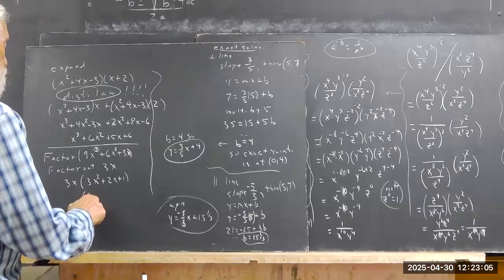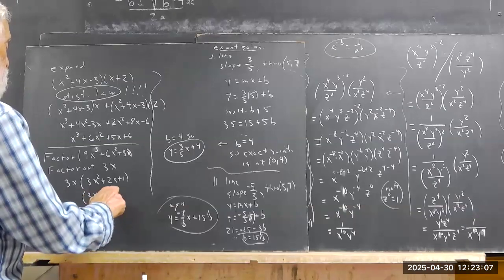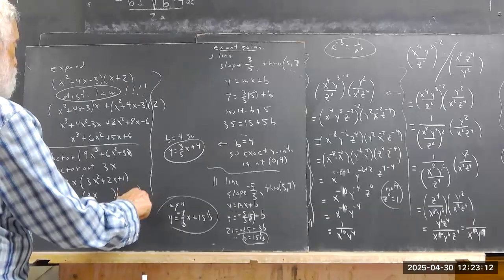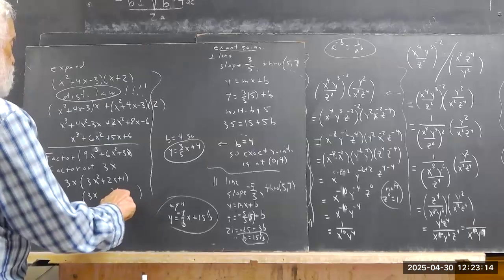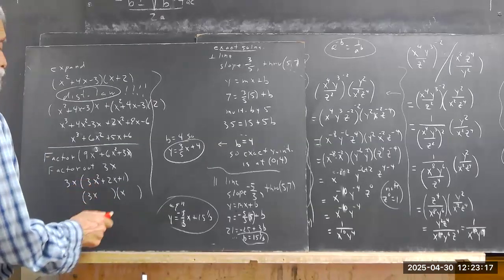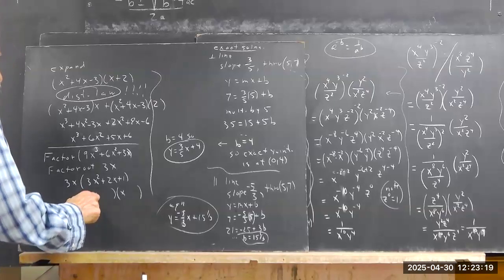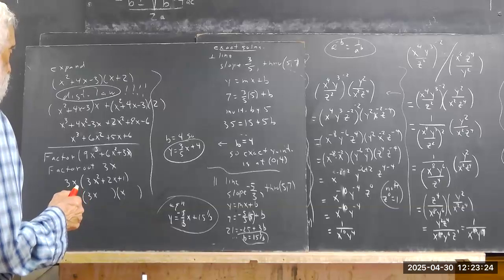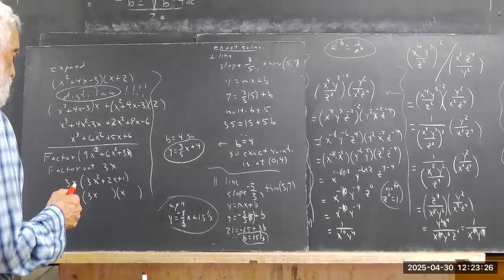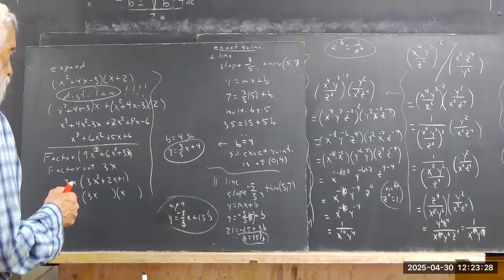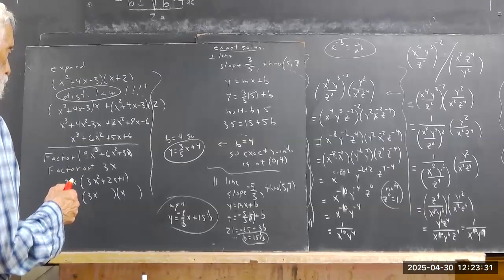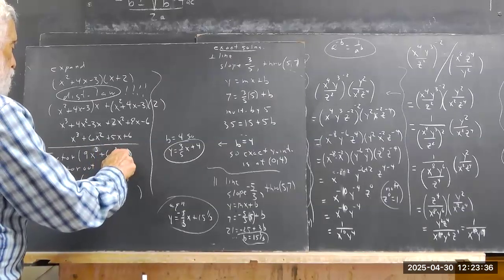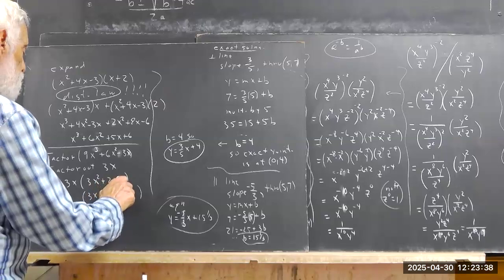This is going to be 3x plus a number, and x plus a number, because the only way to get 3x squared with integers is to multiply 3x by an x. Now, when I wrote this down, it's 3x there, but give us a minus.